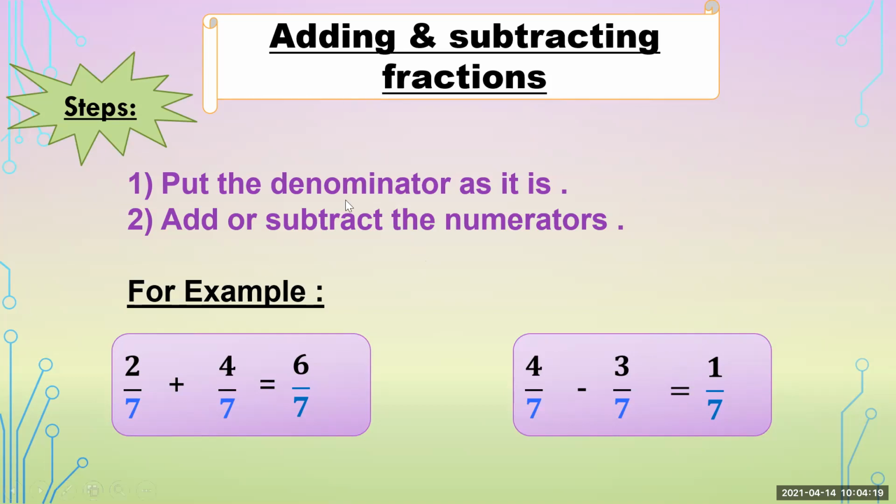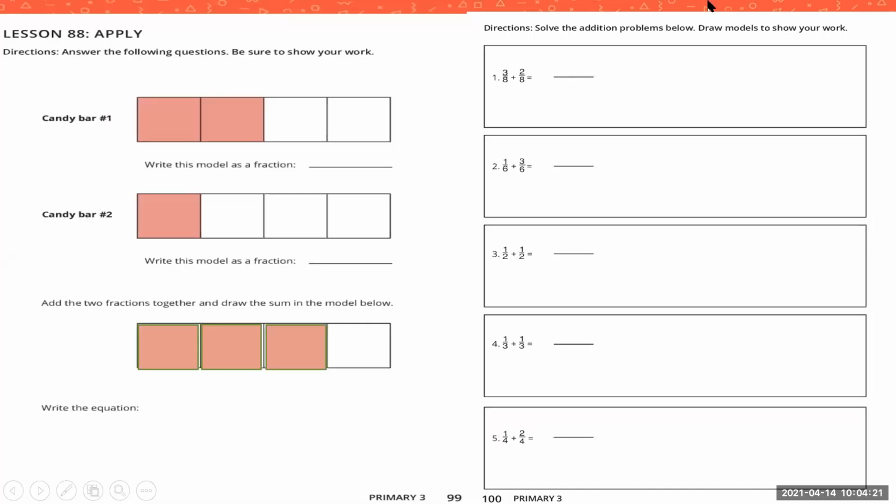Let's start practicing. Now, our book, page 99, lesson 88. Here I have a model. It's a chocolate bar. I have here 2 colored parts and the total parts are 4. Let's write our fraction. We know that the colored part will be on the top as a numerator and the total parts will be the denominator.